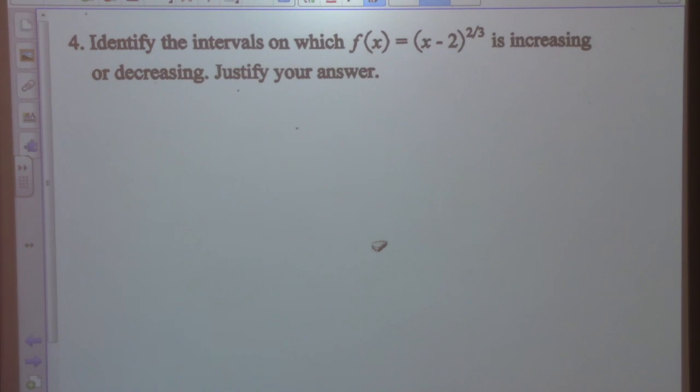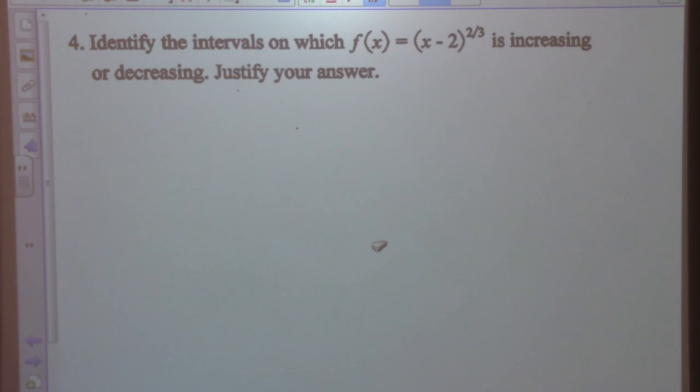I think on this one, when you set that equal to 0, you end up getting where the function is undefined. Yeah. So what does that mean? Well, you still have to draw your number line. It'll be the same. You'll mark that place, x equals 2, on your number line, and you'll still make your analysis on each side to see if it's positive or negative.